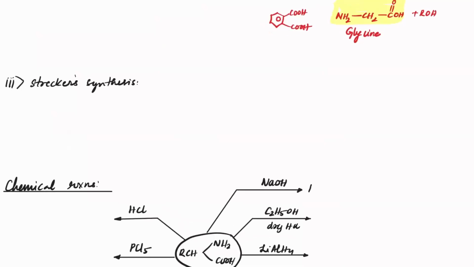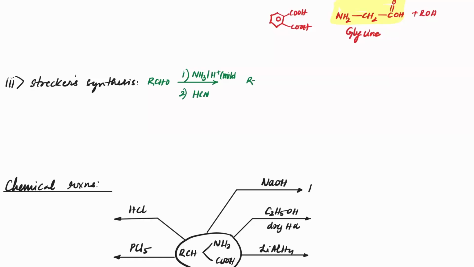That is, if I take an aldehyde RCHO, first I react this with ammonia in the presence of mild H plus, then followed by HCN addition.